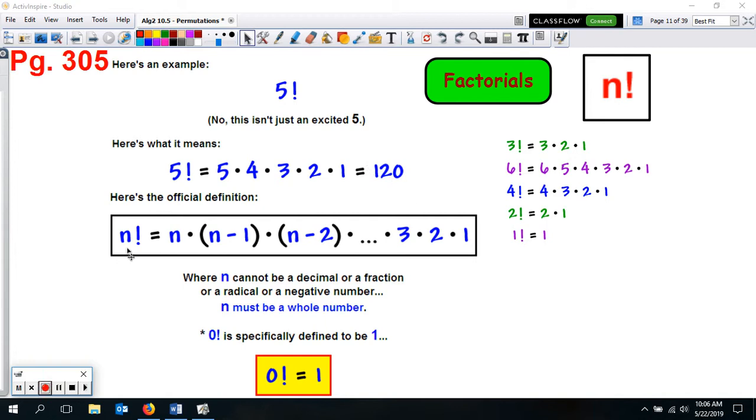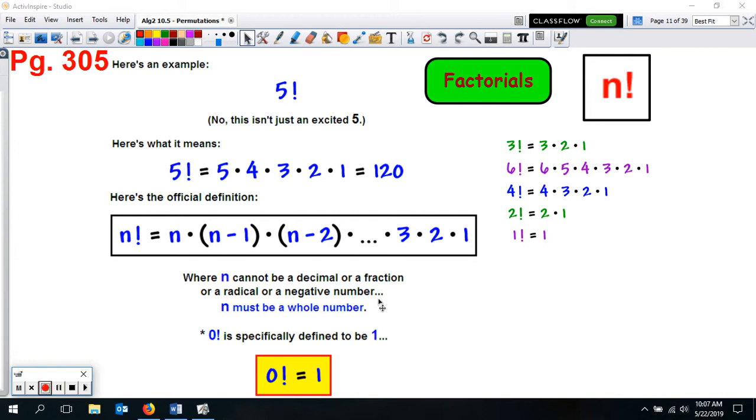Here's another thing you can do, the official definition, and if you want to write this one down, you can. Basically, n is going to be your first number, and then n minus 1, take 1 away from it, is going to be the second one, n minus 2, n minus 3, and so on, all the way until you get down to 3, 2, 1 at the very end, like it is here. You don't have to write this one down, but as long as you write down what's here, n with the exclamation point, and then at least this example here.